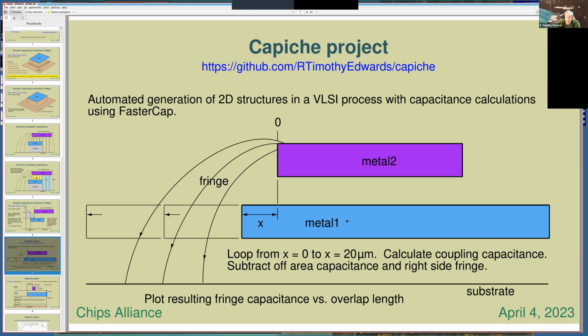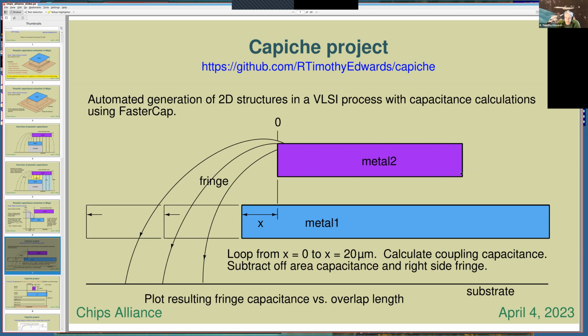So I could use that to have, for instance, in this case, metal 2 over metal 1, with metal 1 extending out something like 40 or 50 microns to one side, which is effectively infinite. That captures 99.9-something percent of the fringe capacitance on that side. I'll do one test where the metal extends out that far on both sides, and I get the total capacitance from metal 1 to metal 2.